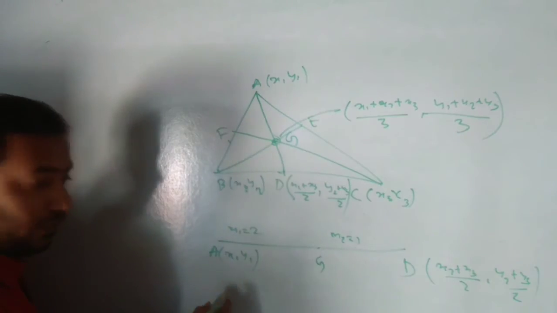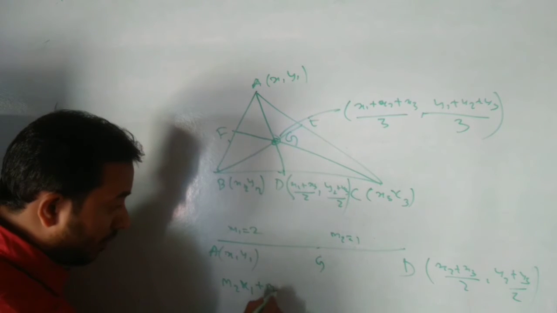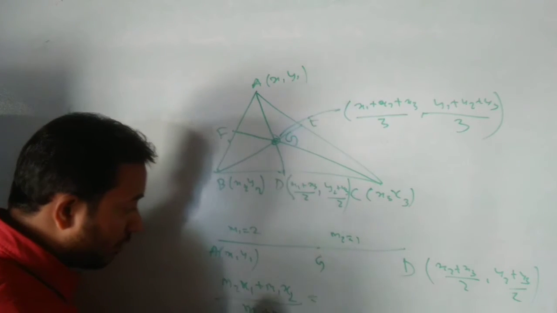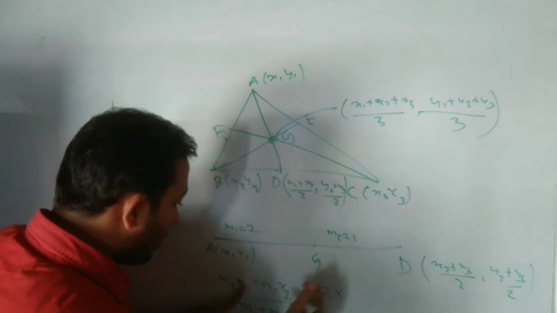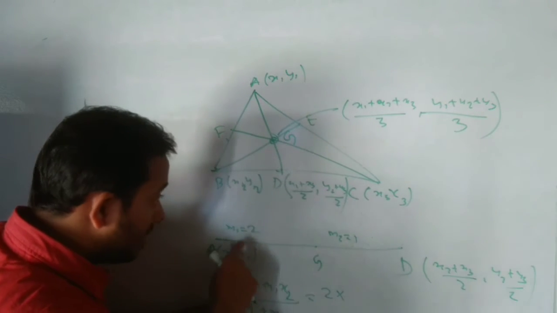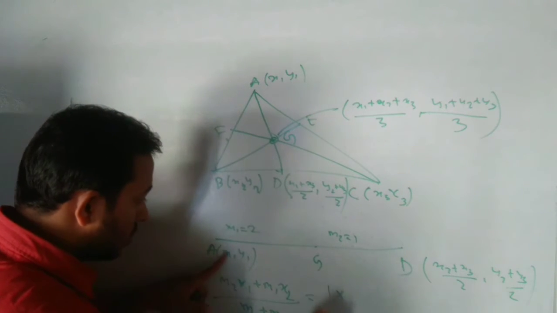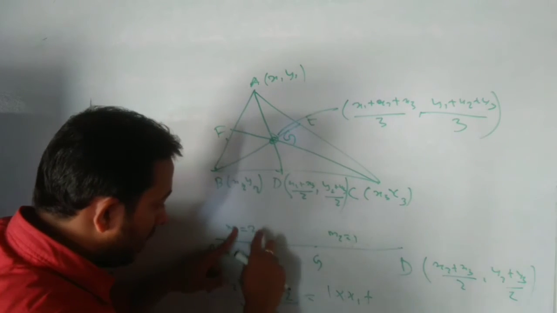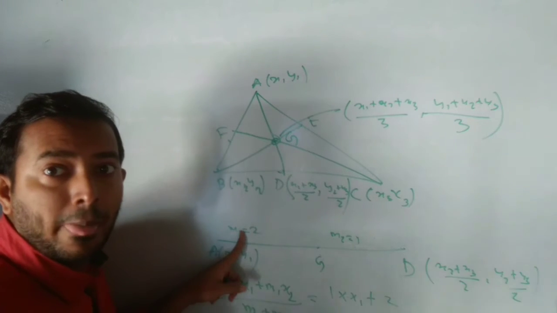By the section formula we have (m2 x1 plus m1 x2) by (m1 plus m2). Now put in the values of m1 and m2.